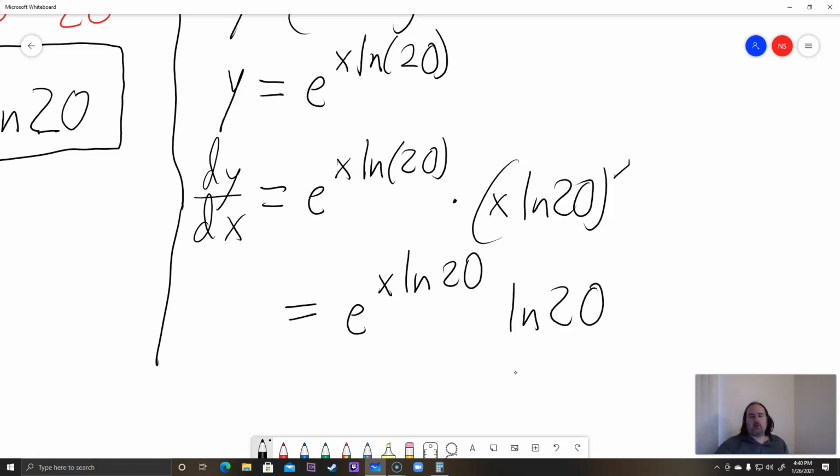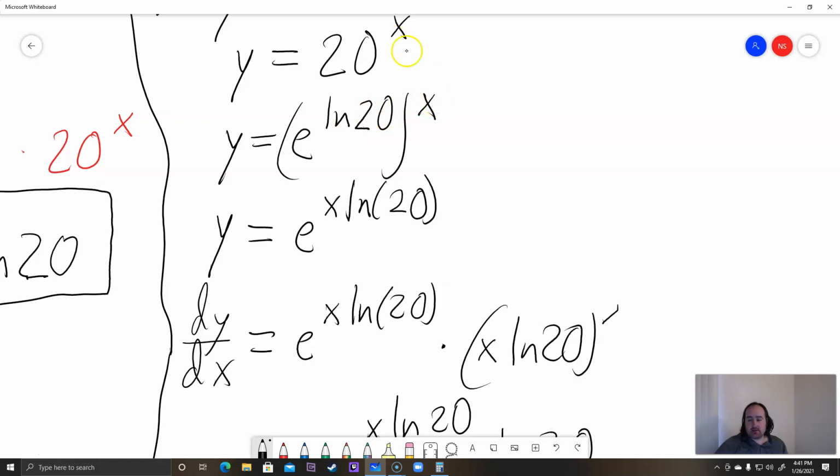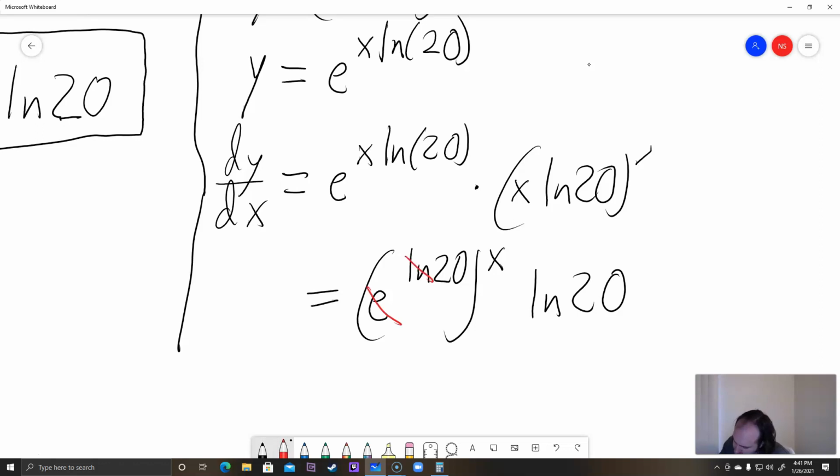But then with the e to the x ln of 20, once again, we can just rewrite it the way it was originally, which is 20 to the x. Because remember, e to the ln of 20 to the x is the same as 20 to the x. Okay, so this right here, I can rewrite as e to the ln of 20 to the x. But that's just the same as, if I cancel out the e and the ln, 20 to the x times ln of 20.